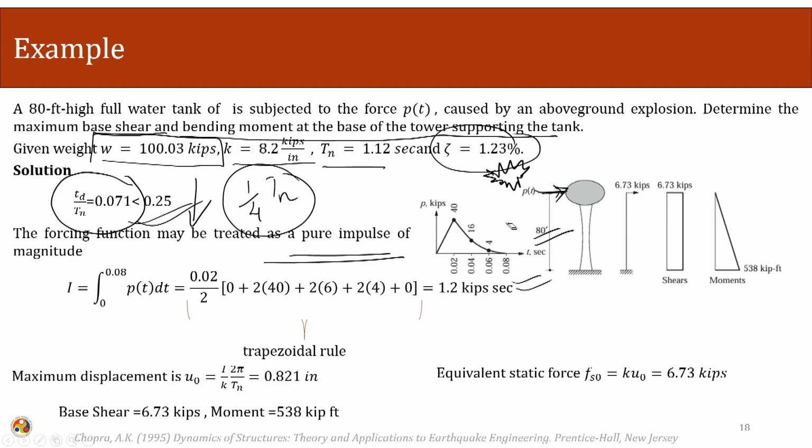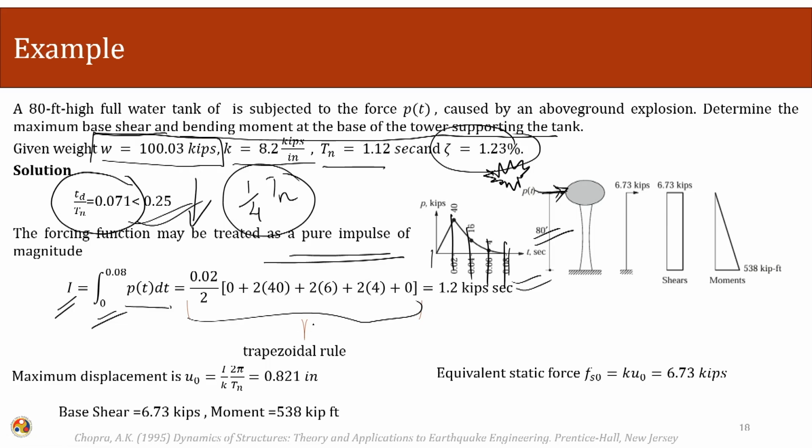So we need to calculate the area under this curve to calculate the total impulsive loading. The loading is from 0 to 0.08, the integral of p(t) dt. We divide it into the respective zones and calculate the total impulse.